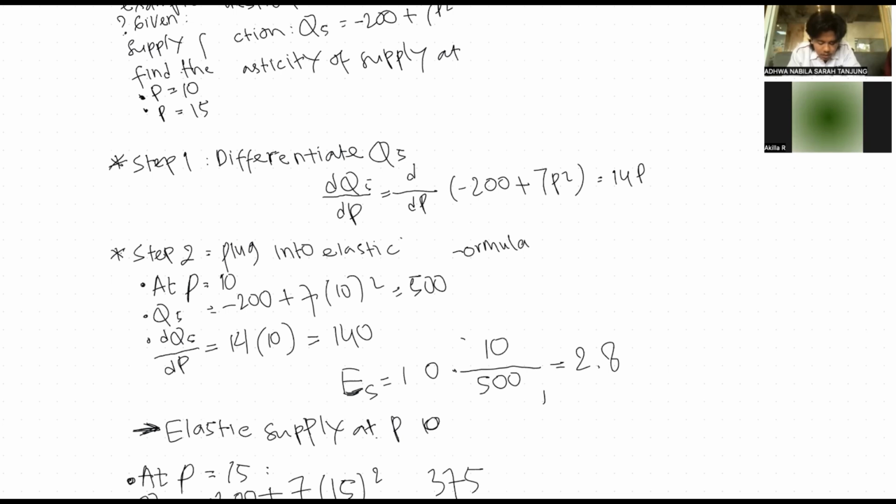At P equals 10, Qs equals negative 200 plus 7 times 10 squared, which is 500. dQs over dP equals 14 times 10, which is 140.